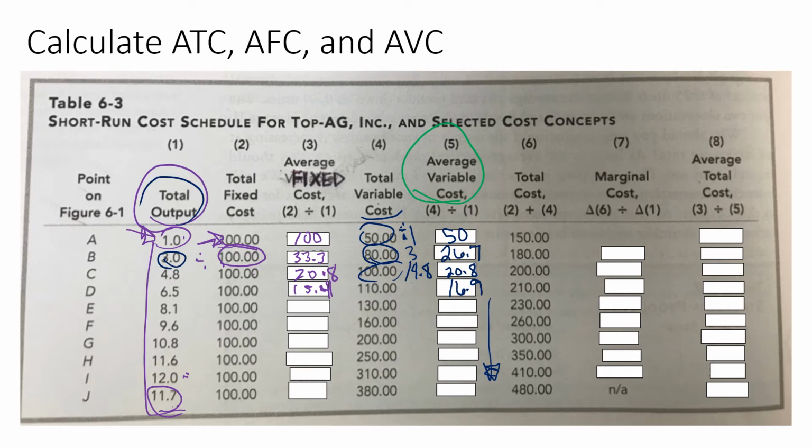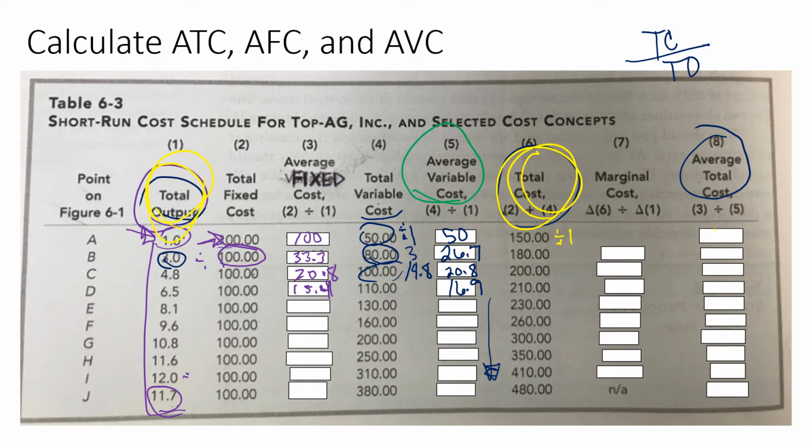Oh, and then we are going to calculate average total cost too. So average total cost is total cost divided by total output. So here we have the total cost, and again we have the total output over there. In this case we have 150 divided by 1.